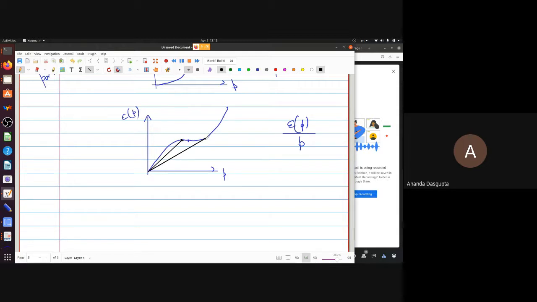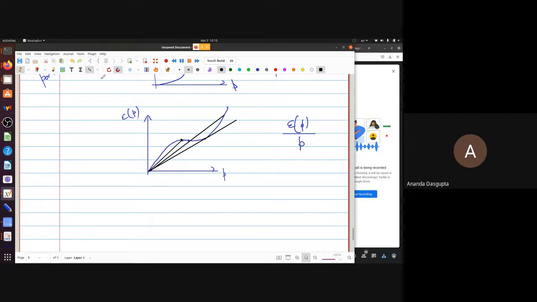Any other point on the curve, say this one, would have a higher slope. The minimum is here. Minimum, of course, means that it's just tangent here. Clear?